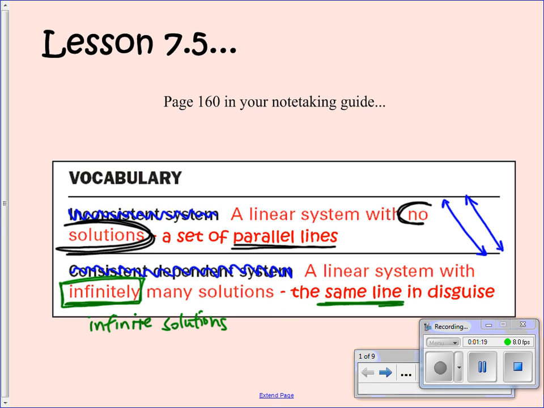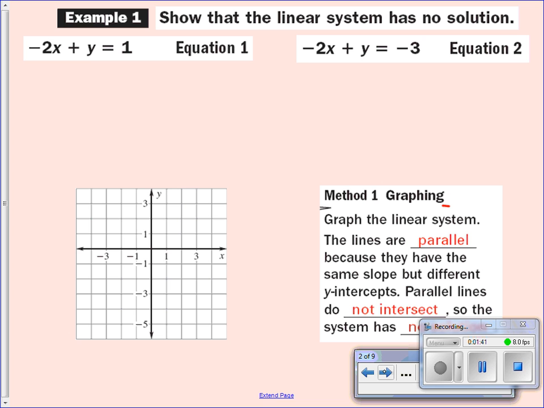You're going to draw a line, and then somehow you're going to figure out that the other equation is actually the exact same line right on top of it. So your options are no solution for parallel lines, infinite solutions for lines that overlap, or it could be like other systems that just have one possible solution.